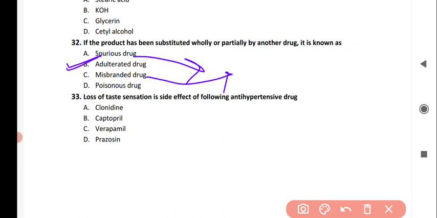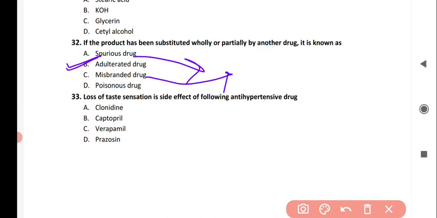Then if I talk about misbranded drugs, we can consider the drug to be misbranded if its branding or its labeling is not appropriate. If the effect mentioned on the label is not met, it will be considered a misbranded drug.